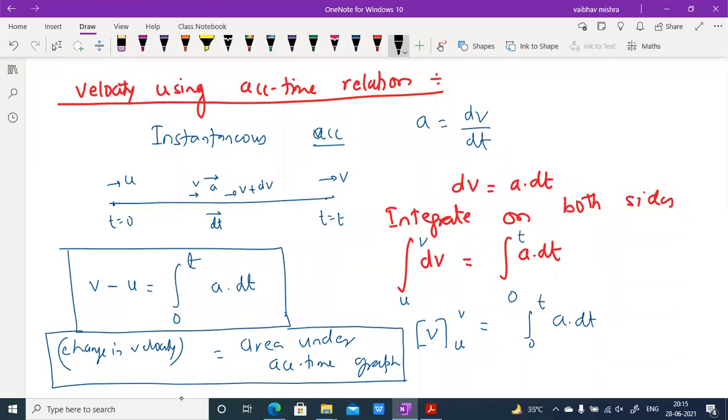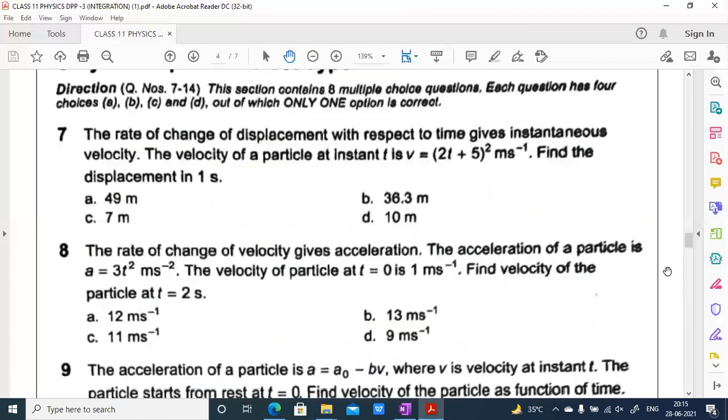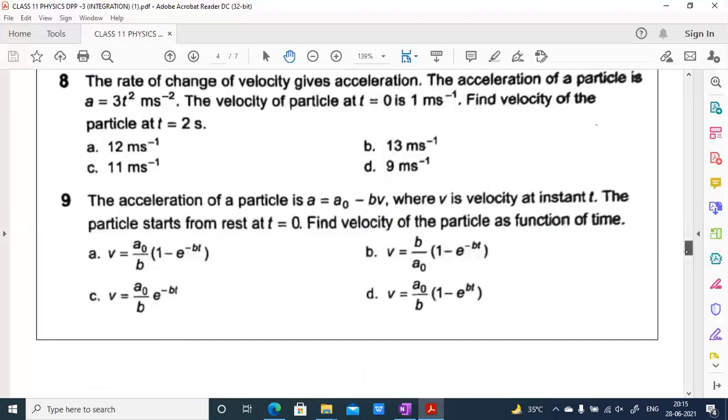Acceleration अगर as a function of time बताओ, उसको integrate करेंगे, then we get v minus u, final velocity minus initial velocity. That will be equal to area under the graph. We have to do such questions in the non-uniform motion, in that DPP of straight line also.